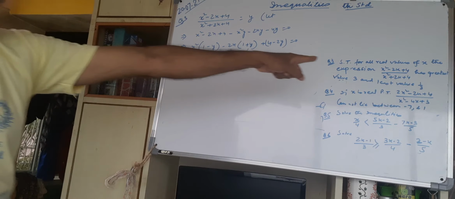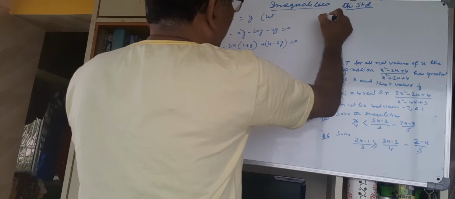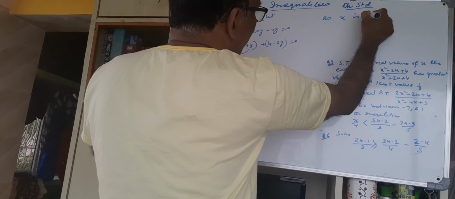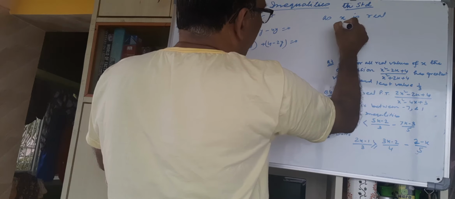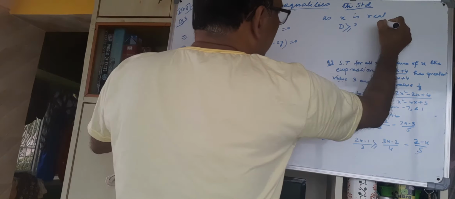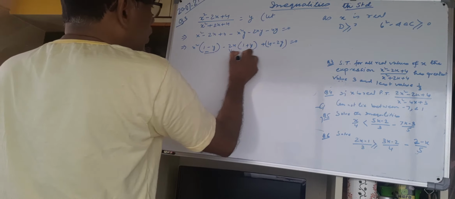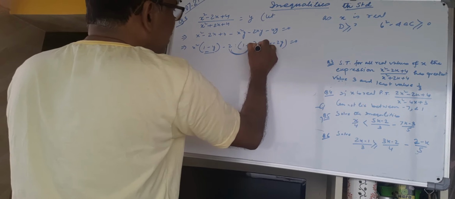As x is real, therefore discriminant should be greater than or equal to 0. What is the discriminant? That is b² - 4ac should be greater than or equal to 0. This is A, this portion is B, x is here.